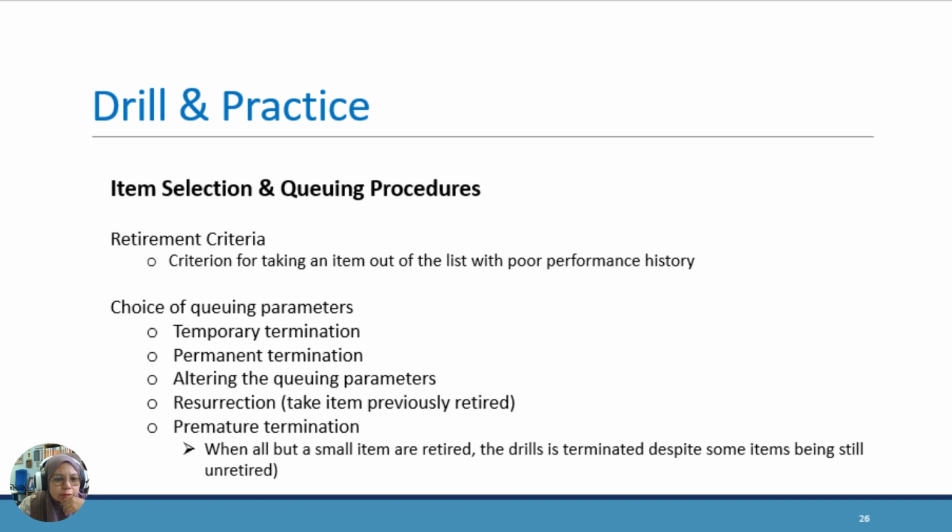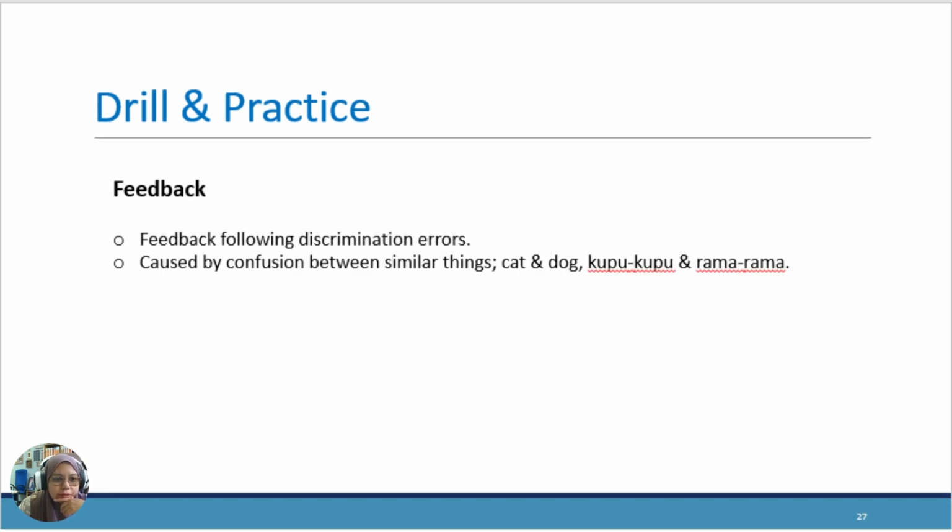This is the choice that you can use, such as temporary termination, permanent termination, altering the queuing parameters, resurrections, and then premature termination. So this is the item selection and queuing procedures when you want to develop software or an application for drill and practice. Feedback is a must.